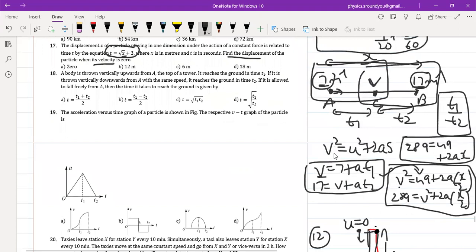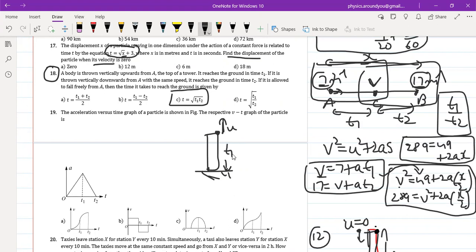Question number 18 is a standard result that is being used in many places. T equal to root T1 T2. Reason being, the time taken by a stone which is thrown up with u to come down again is T1.